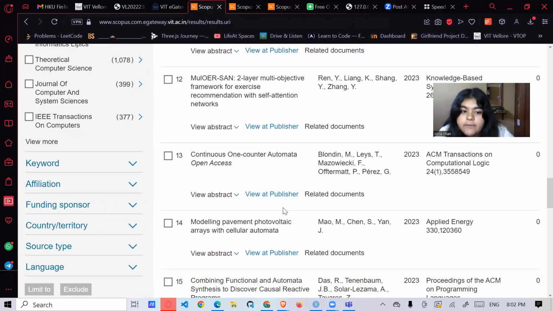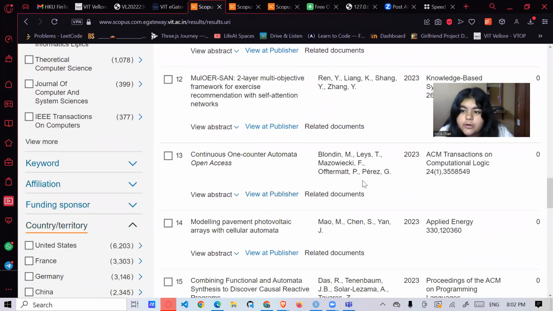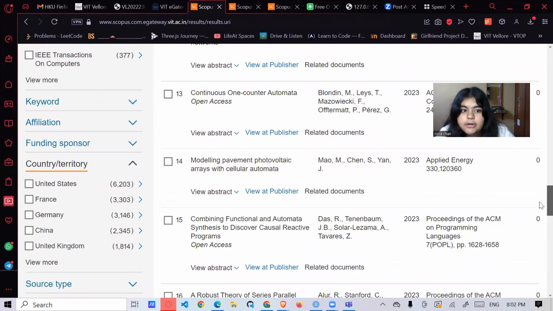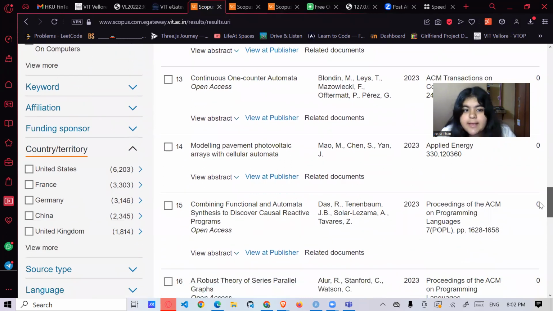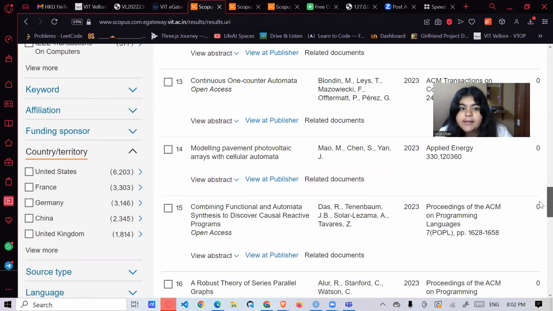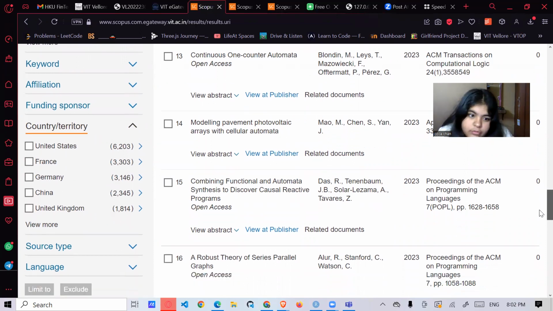If you want to restrict to a certain region, the United States has 6,203 articles, France 3,303, and China 2,345. So if you want to limit your study to a region, a country, a territory, or a continent, we can do that too.